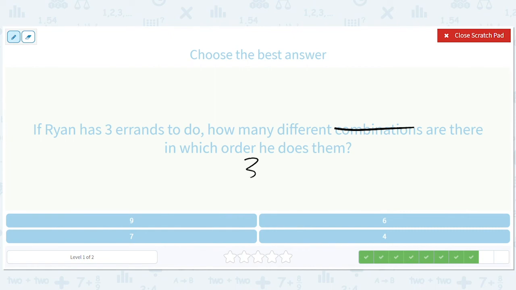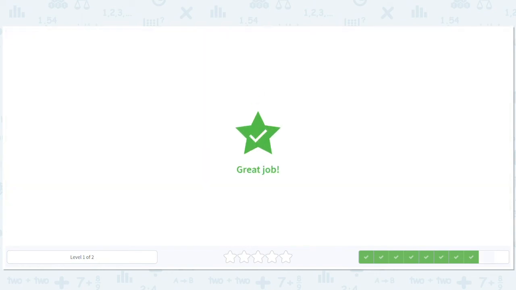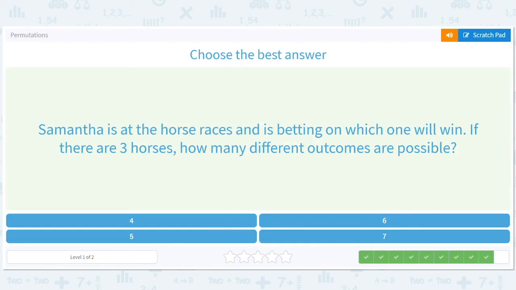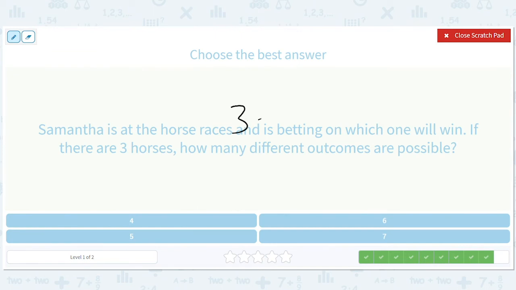So 3 times 2 times 1, which is 6 different orders. And Samantha is at the horse races and is betting on which one will win. If there are 3 horses, how many different outcomes are possible? 3 times 2 times 1, which equals 6.